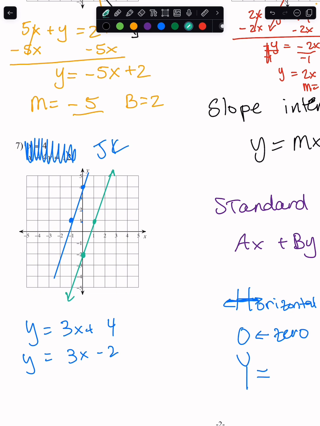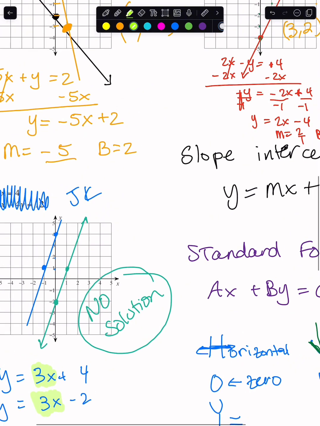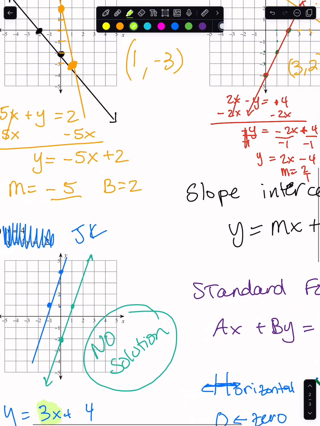This is no solution. And you can tell it's a no solution anytime the slopes match. Okay, so you have no solution here, and then infinitely many solutions when it's the same line.